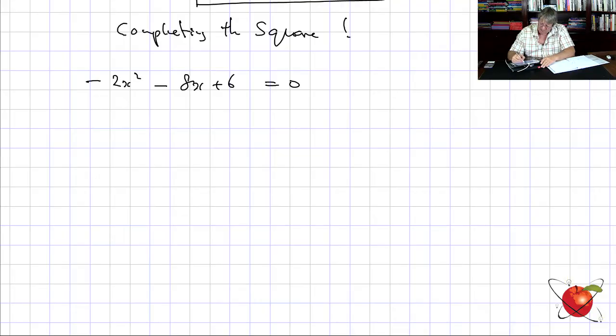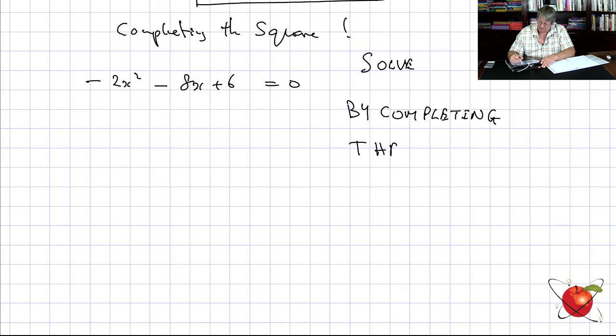Remember, the top was simplify by completing the square. This is solve by completing the square. Okay, solve by completing the square. What do we do?